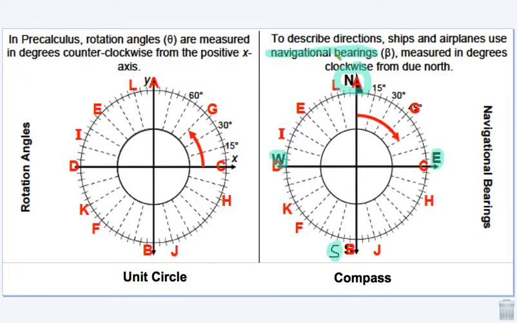Lots of sailors use compasses, ship's captains, airline pilots, they all use compasses for navigational bearings. And when you're using vectors and navigating different locations, a lot of times you'll be given navigational bearings, and before you can use the vector formulas, you have to change the navigational bearings into rotation angles.